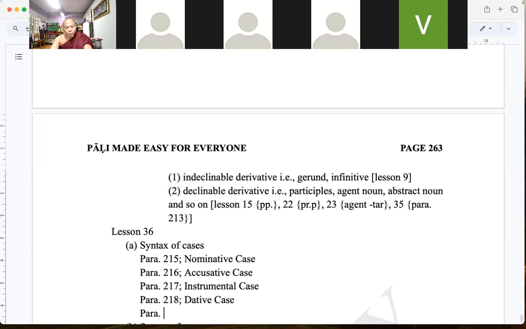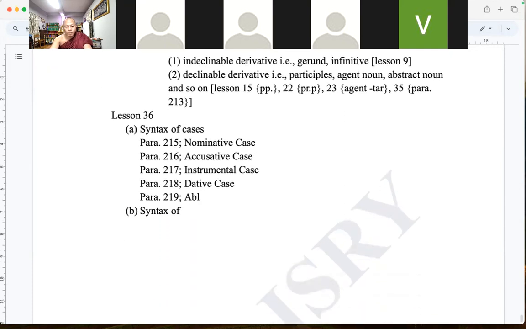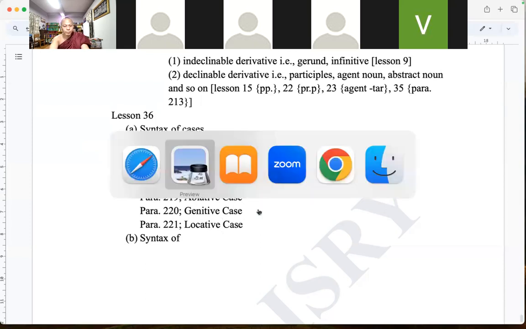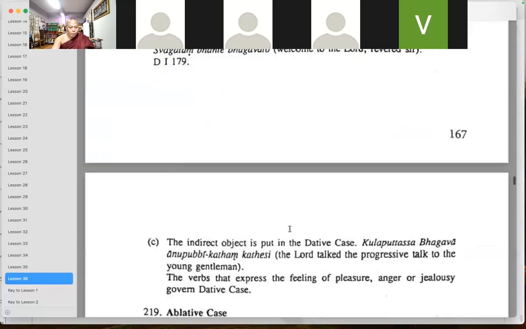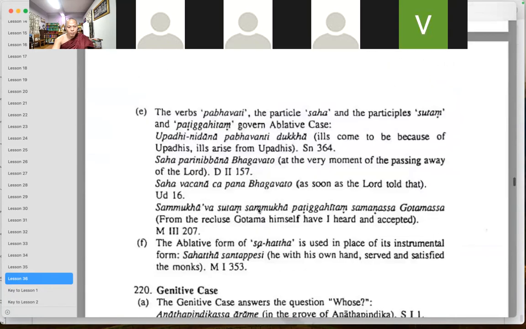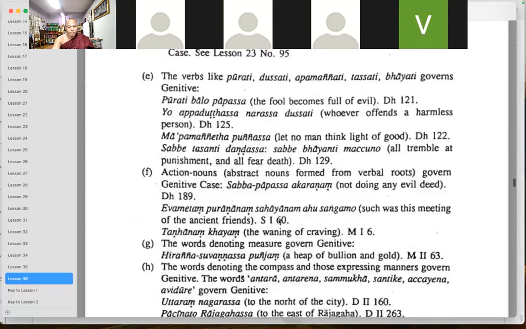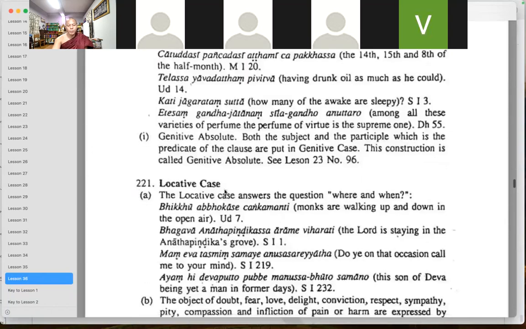Paragraph number 219 is the ablative case, 220 is the genitive case, and 221 is the locative case.